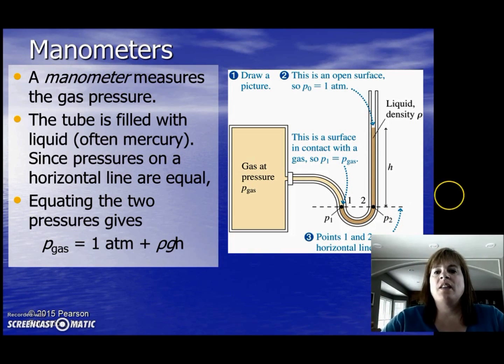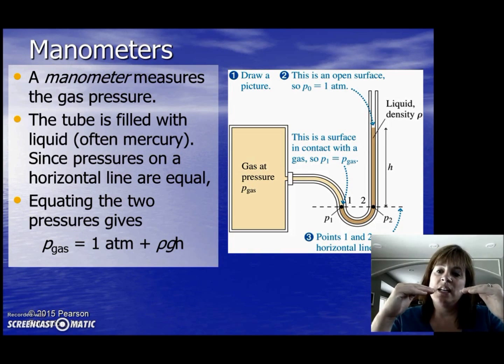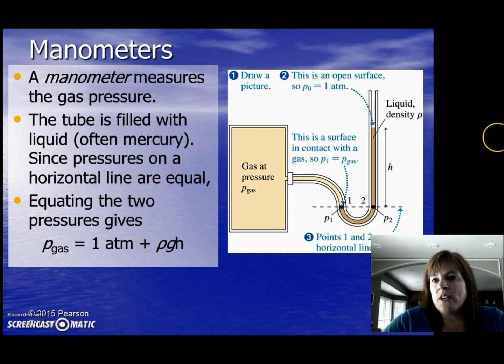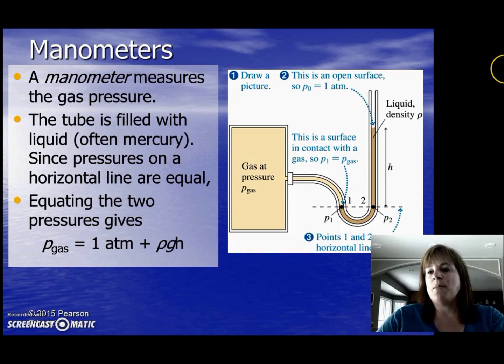But remember that pressure at the same height is the same. So our pressure at point 1 and point 2 are the same. For point 2, the pressure we have is coming from the weight of that liquid, the rho g h, and the pressure of the atmosphere, which is 1 atmosphere. So to use a manometer, if I want to find the pressure of the gas, I just need to measure the height of the column and add atmospheric pressure to that.